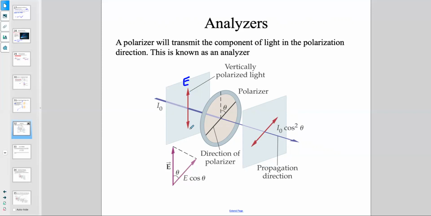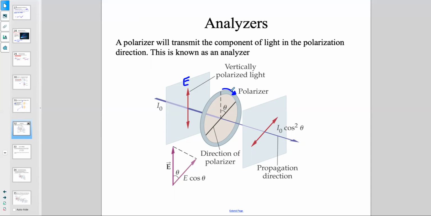This is a wave coming in, and this is the direction of the oscillations for the electric field. It will hit my polarizer, or analyzer, which has an angle associated with it. In other words, when this hits the analyzer, it will be rotated by an angle of theta.